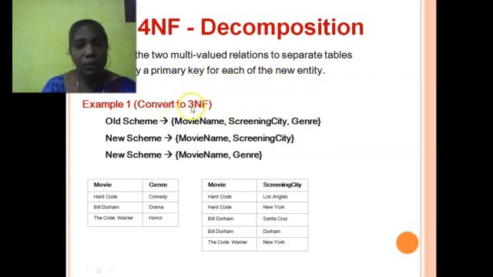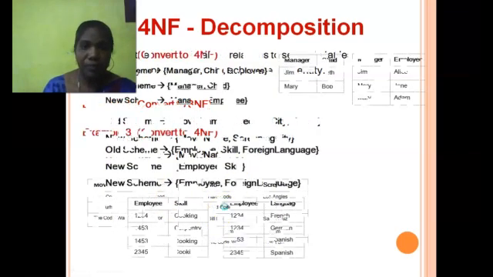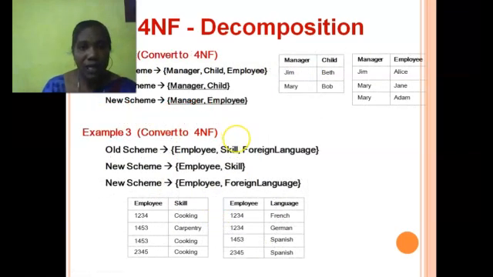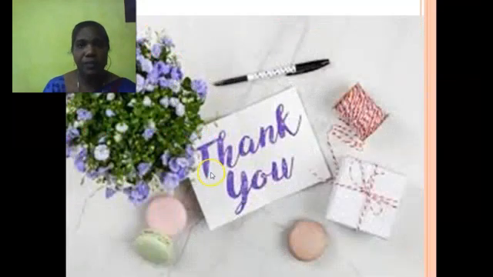So you convert it into fourth normal form with the decomposition: movie and genre, and movie and screening city. These are all the decompositions of the fourth normal form. These are examples of converted tables in fourth normal form. Thank you.